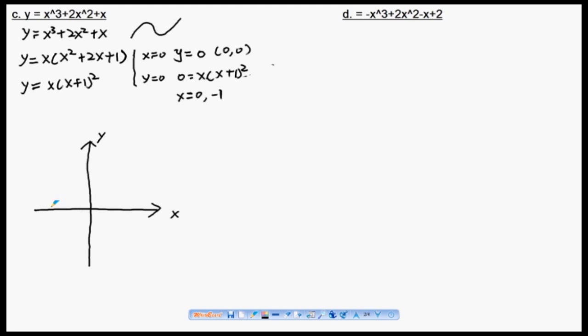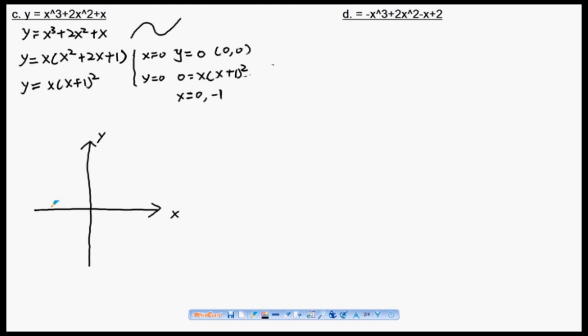Let's put x equal to 0 to find the y-intercept. We substitute x equals 0 into the function, and y will be 0. So the origin is our y-intercept.